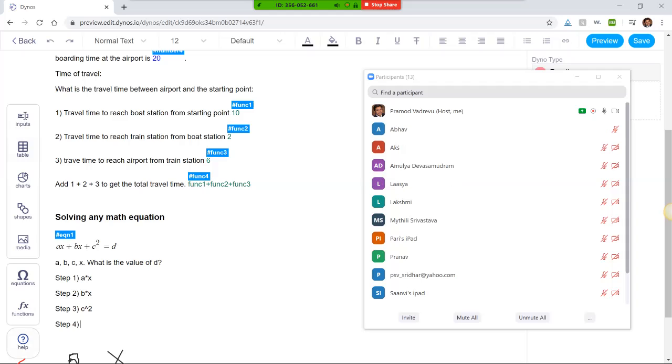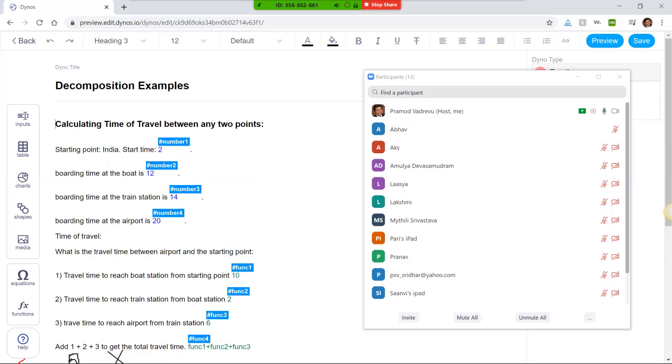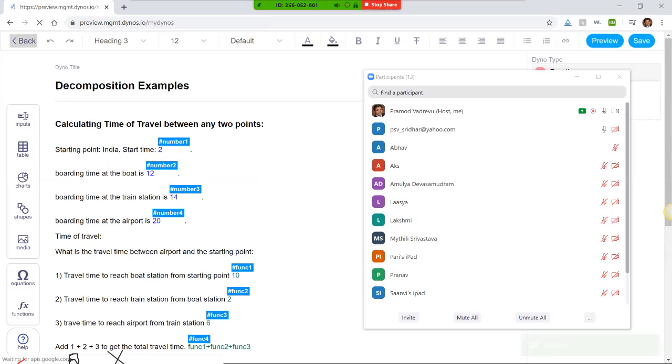All right. I'm going to give an assignment on this one, so you can all try different things using decomposition. Now let me give you another example on pattern recognition.